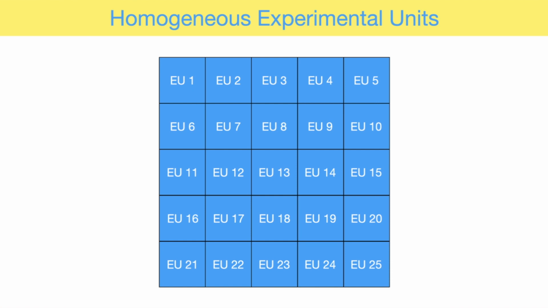Now let's think about the randomization process for a completely randomized design. Remember that in a completely randomized design, treatments are randomly assigned to experimental units completely at random. There's no restriction on the randomization.